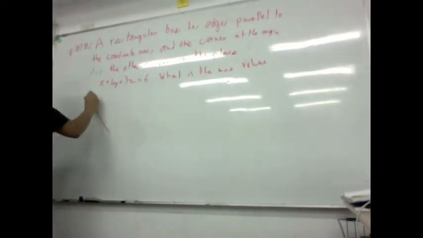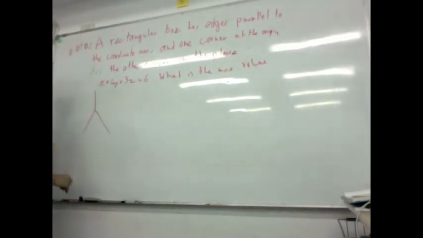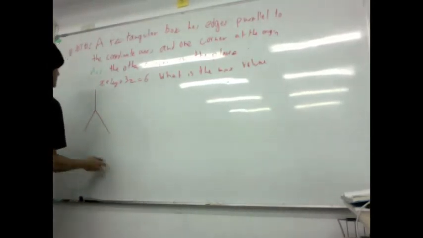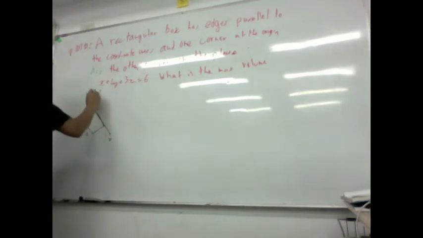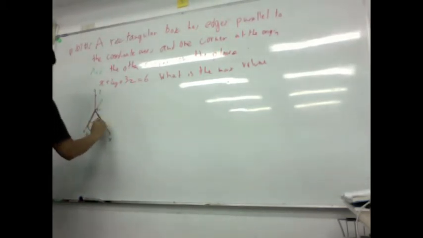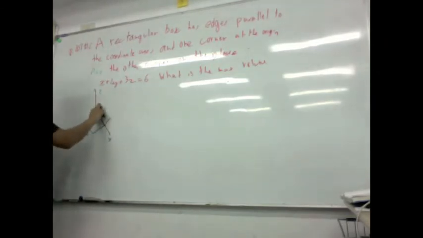Let's draw it. Always good to draw the picture, but remember, a picture is not the proof. So to draw the picture, we're in 3 dimensions, right? X, Y, Z. So we have one corner here, parallel to the edges. And it has another corner, the opposite corner. It's so hard to do.